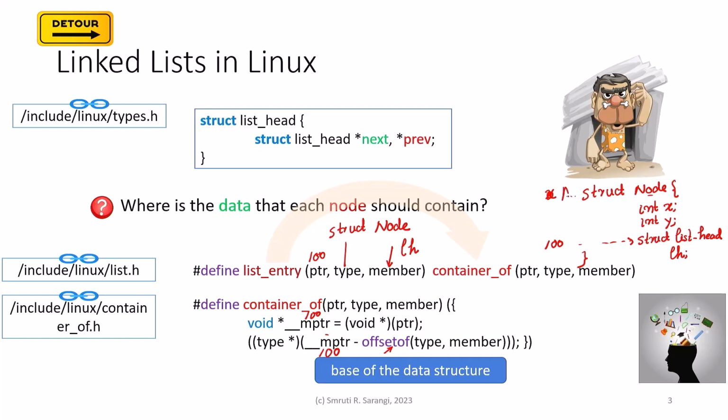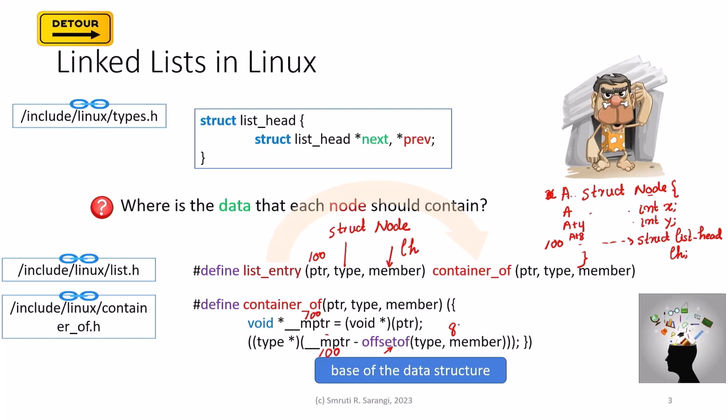So let this be A. The address of X is also A, the address of Y is A plus 4, and the address of the struct list head is A plus 8. Clear? So offsetof of type member, so the offset of LH from struct node is what? It is 8. Alright.